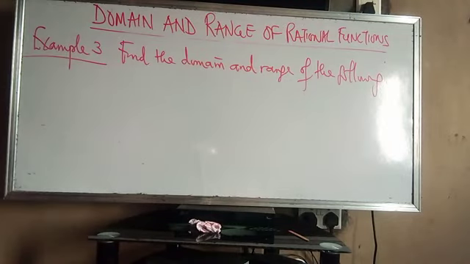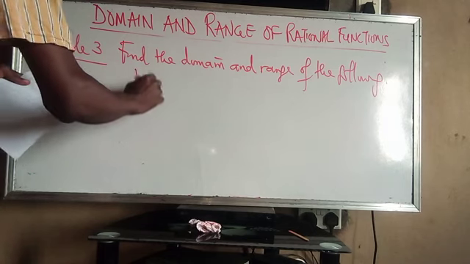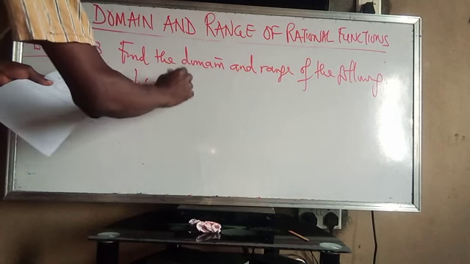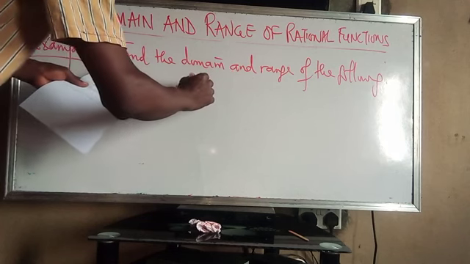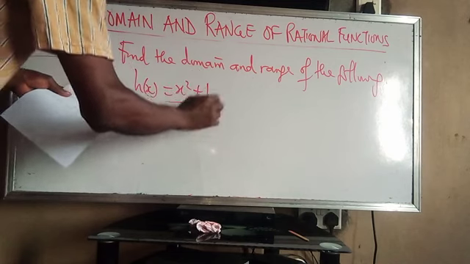Find the domain and range of the following. h of x equal to x squared plus 1 all over x minus 2.